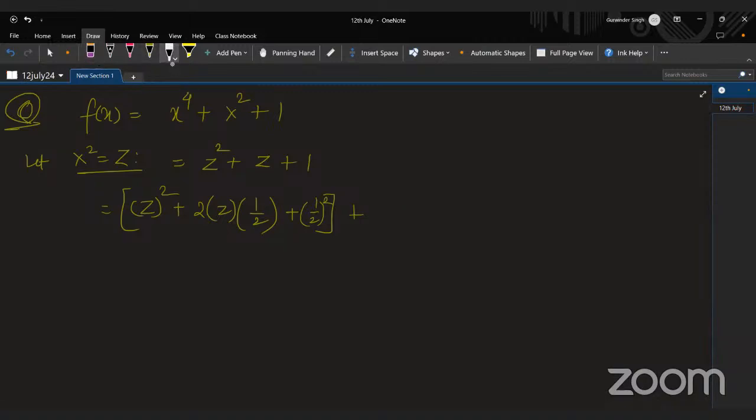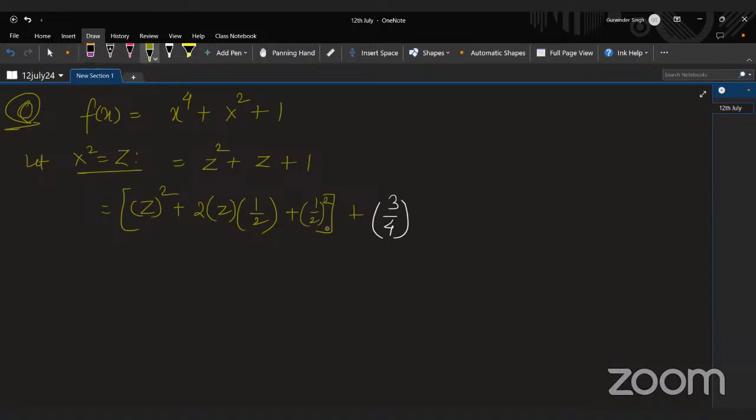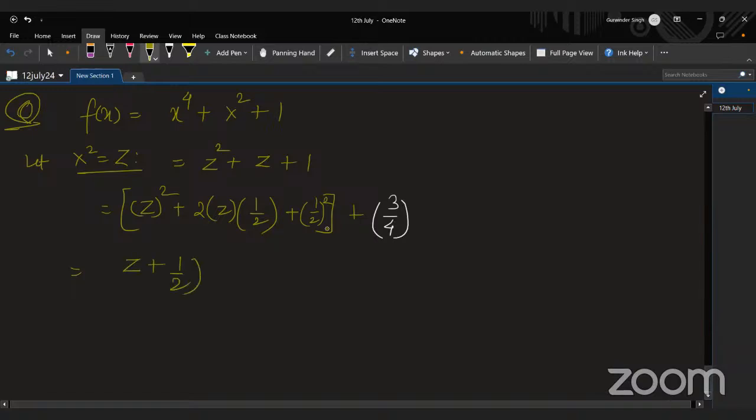So it is 3 by 4 over here. I have just split 1 into 1 by 4 and 3 by 4. So this will be written as z plus half square plus 3 by 4. That means I will substitute z back again. So it will be x square plus half whole square plus 3 by 4.